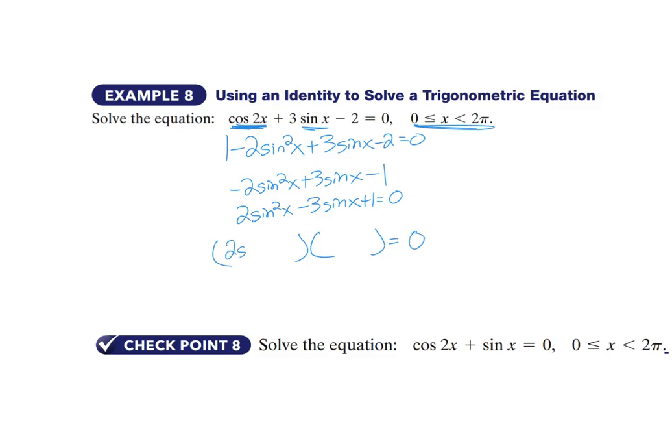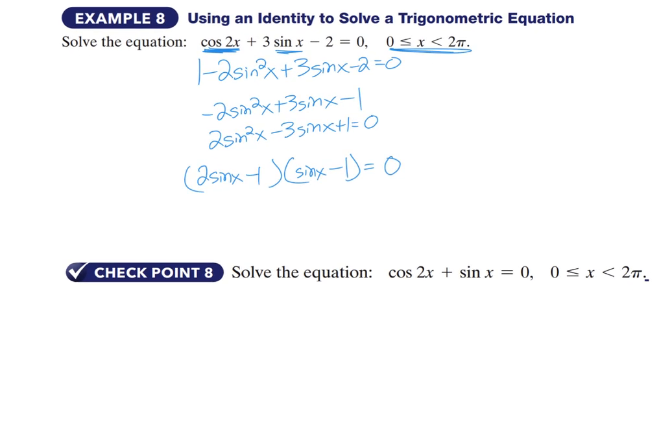So when I factor, I get (2 sine of x minus 1)(sine of x minus 1). So here, I'm going to be solving 2 sine of x minus 1 equals 0. So that's sine of x equals 1/2. And over here, sine of x equals 1.